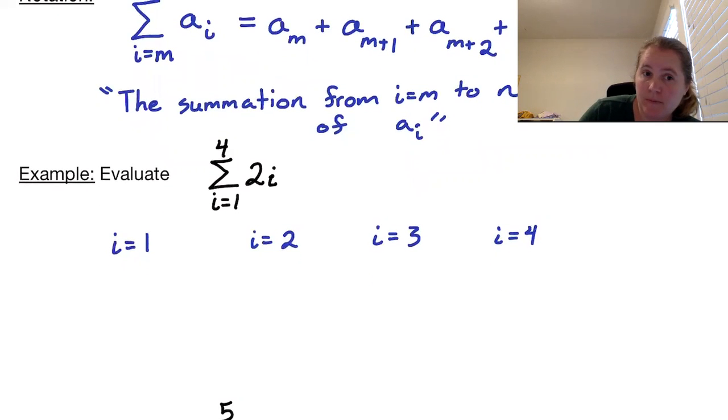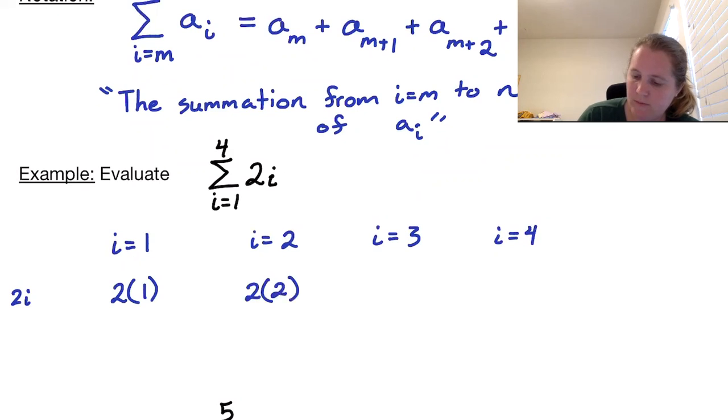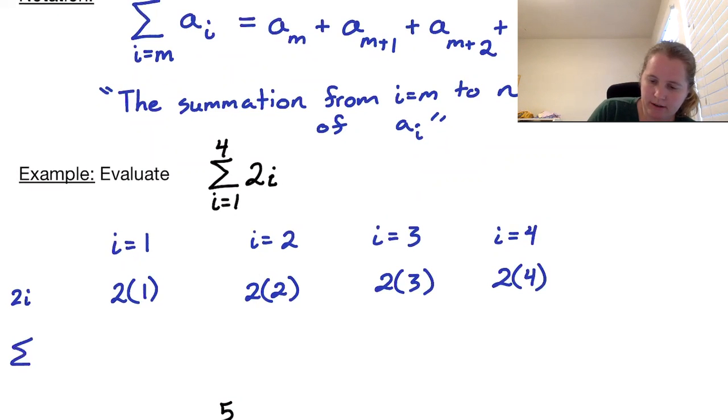And now we are going to do 2i, so we are looking at 2 times 1, 2 times 2, 2 times 3, and 2 times 4. And then for the summation of 2i, we're just going to add those up.